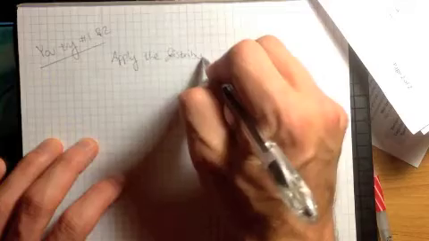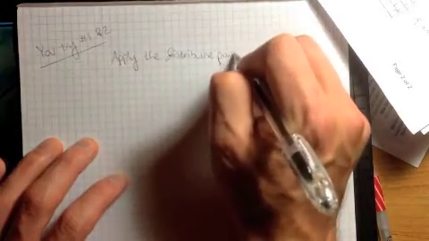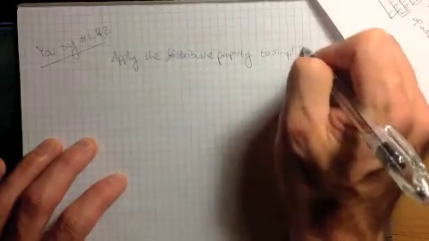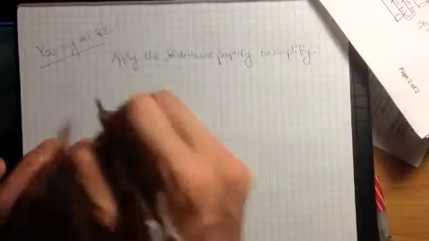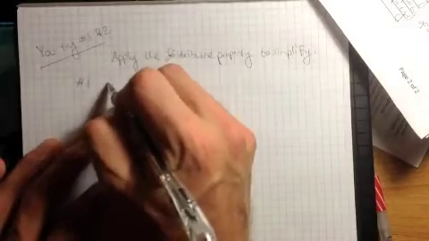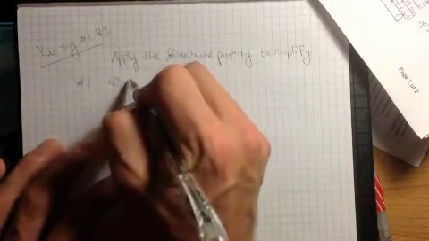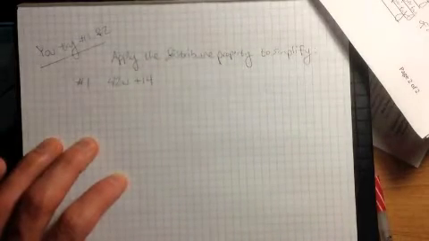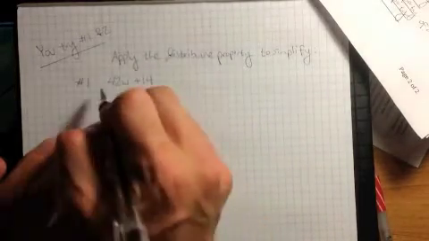Apply the distributive property to simplify the following expressions. Number 1 is this, 42w plus 14. I hope you can read that. Looks like the camera on my iPad is getting blurrier.